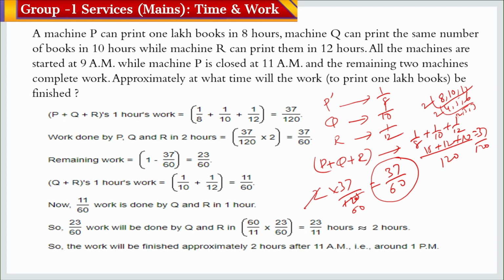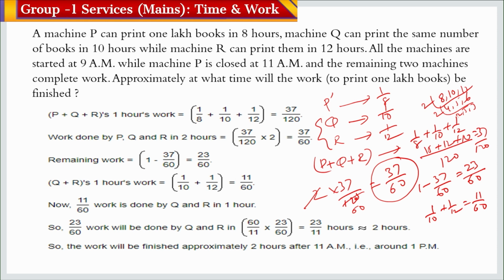What is the remaining work? 1 minus 37 by 60. 60 minus 37, it is 23 by 60. Correct? So 23 by 60. And Q plus R's work in 1 hour, that is 1 by 10 plus 1 by 12, is 11 by 60.